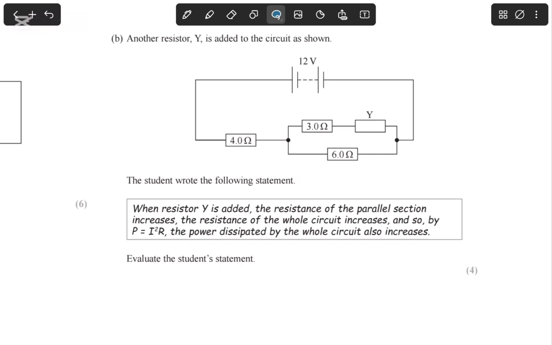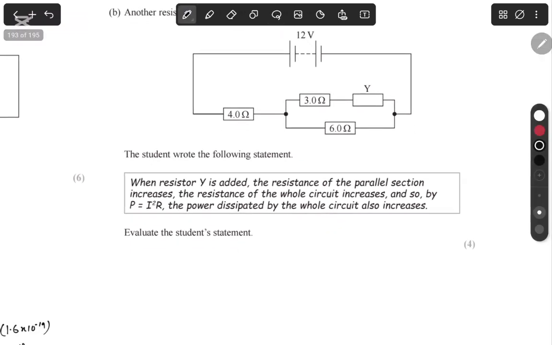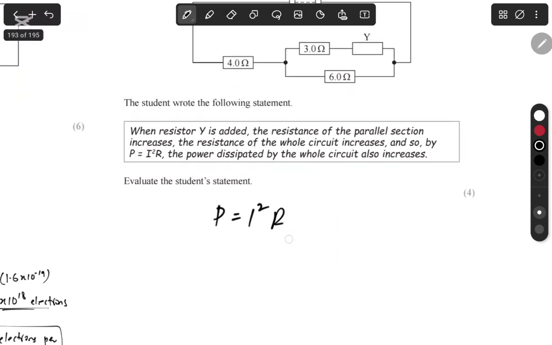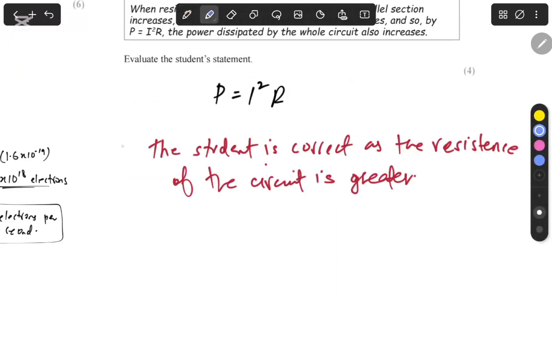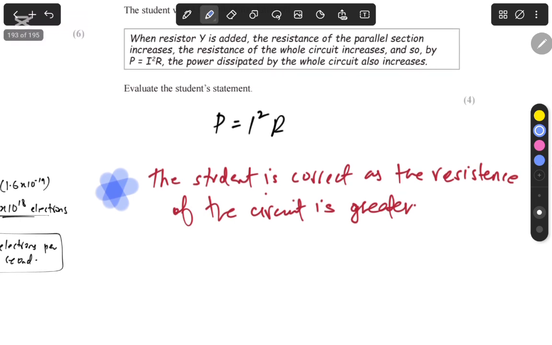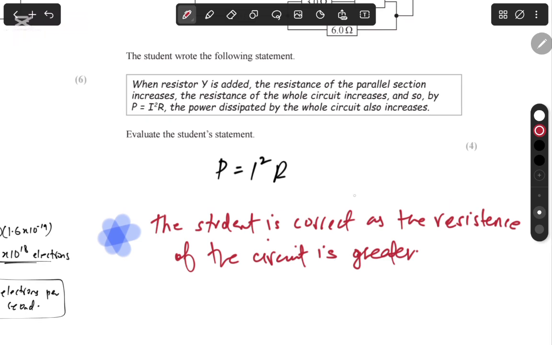The problem with this formula that the student is using, P equals I squared R, well, let me write one point first. The first statement we're going to write is that the student is correct in saying that the resistance of the circuit is greater.